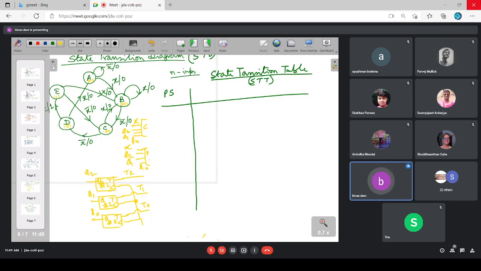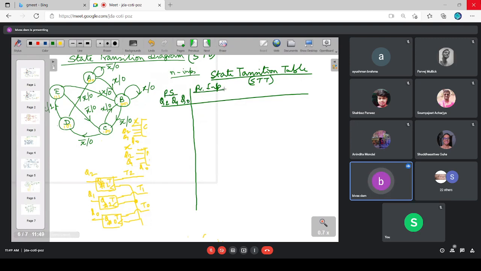The inputs are the present state and present input. Now, this present state is basically a 3-bit state. So the inputs are Q2, Q1, and Q0.